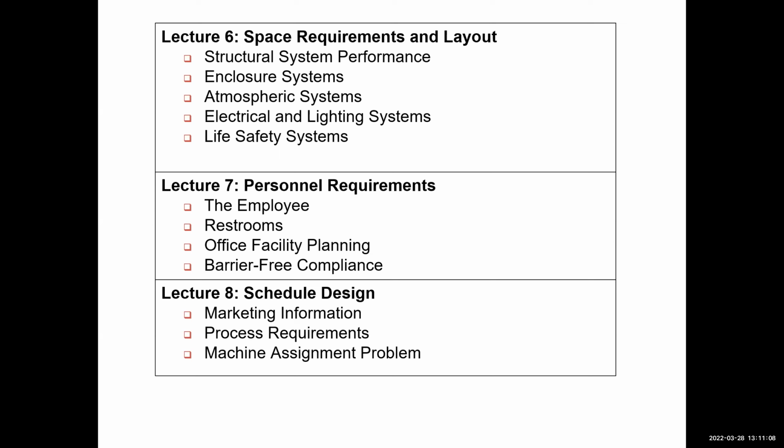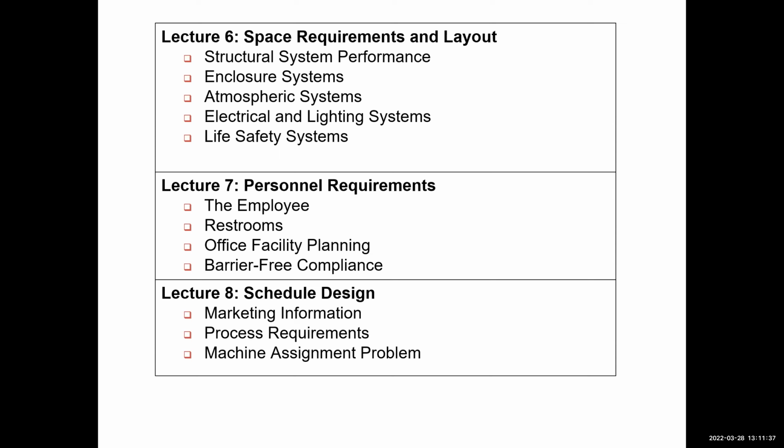So as the operations become more detailed, let's say the assembly is with small parts and so on, you need better lighting in order to make sure that you get the right assembly or design. Life safety systems: we talk about the importance of designing against fire. So those are the things that you should remember.